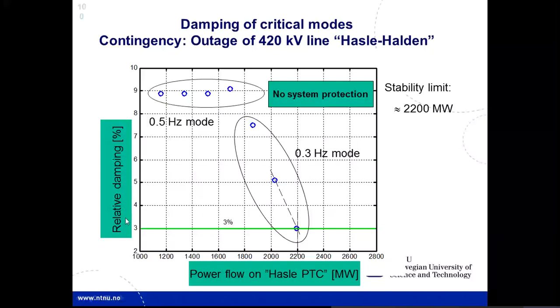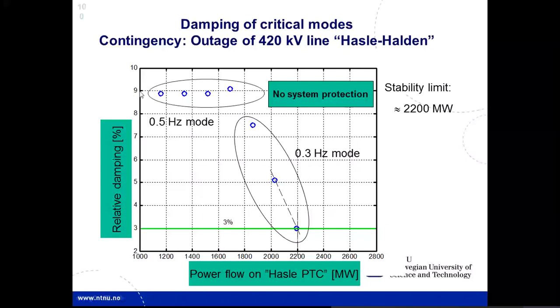That means this line is loading with the increase: 1000, you have 1200, you have 1400, and let's say you have 1600. So for this line that connects between the two buses with the power flow up to 1600 megawatt, you will have a mode presence of 0.5 hertz, right? And with the damping near about 9%.